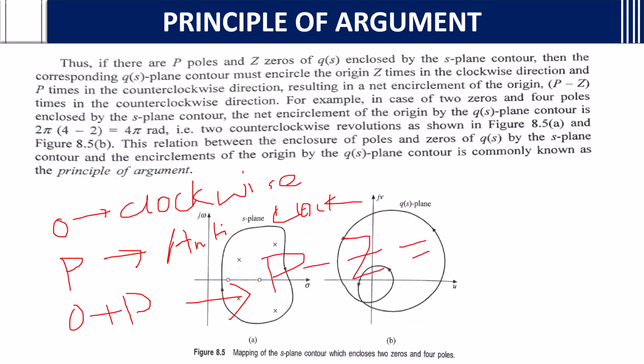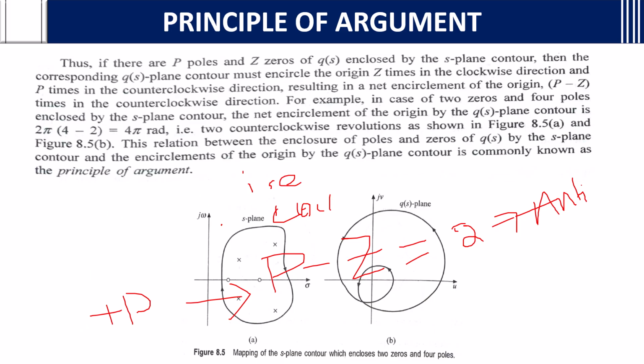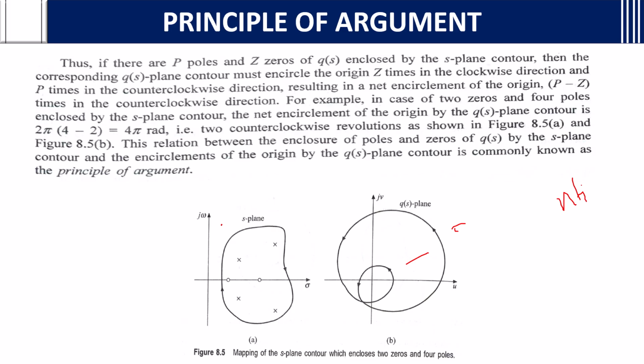You will get some value, and that is the number of times. For example, the example shows 2 times, because it is 4 minus 2. 2 times it is going to encircle the origin.